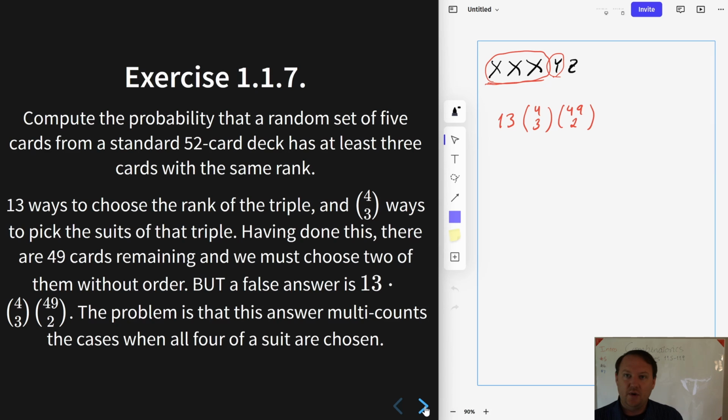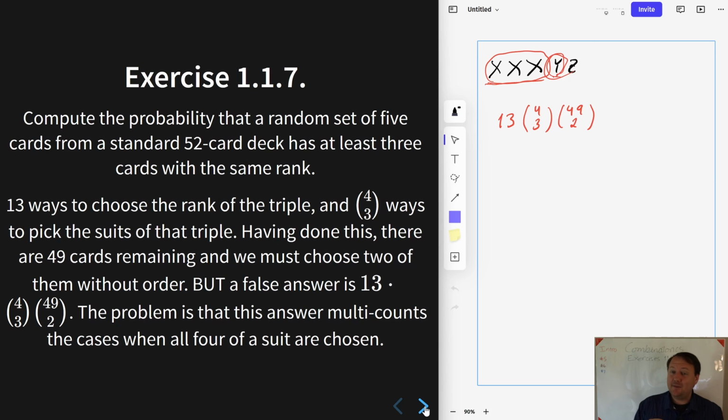So imagine that you had 2 of spades, 2 of hearts, 2 of diamonds, or something like that, right? So that would be one way that we could have chosen 3 cards of the same rank. So I had spades, hearts, diamonds. And then maybe this y, the card that we choose for y, is the 2 of clubs.